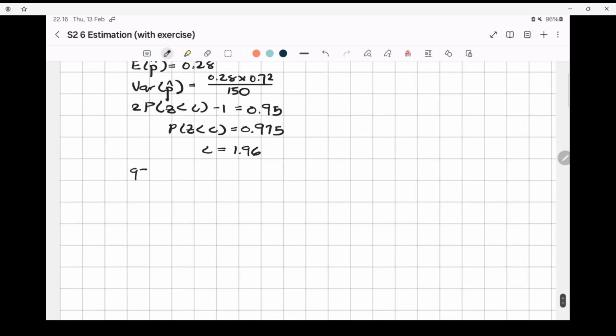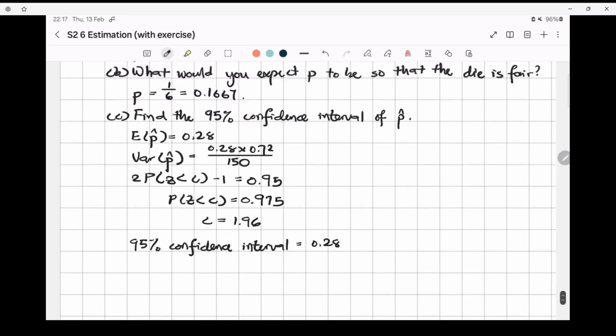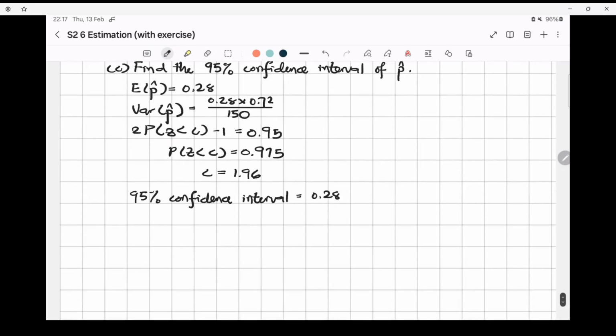So the 95% confidence interval is given by 0.28 plus or minus 1.96 times the square root of your variance: 0.28 times 0.72 divided by 150.